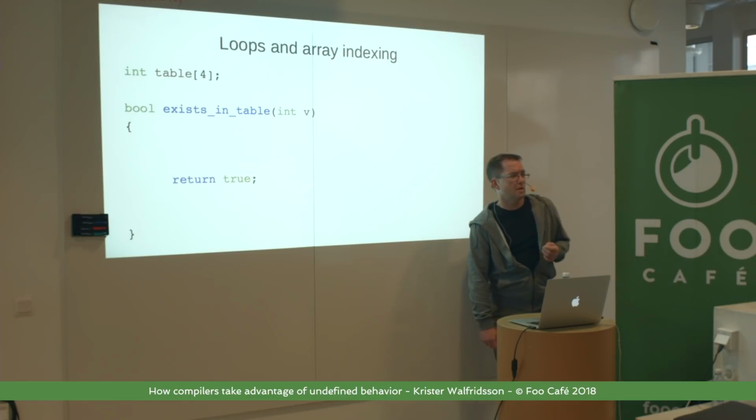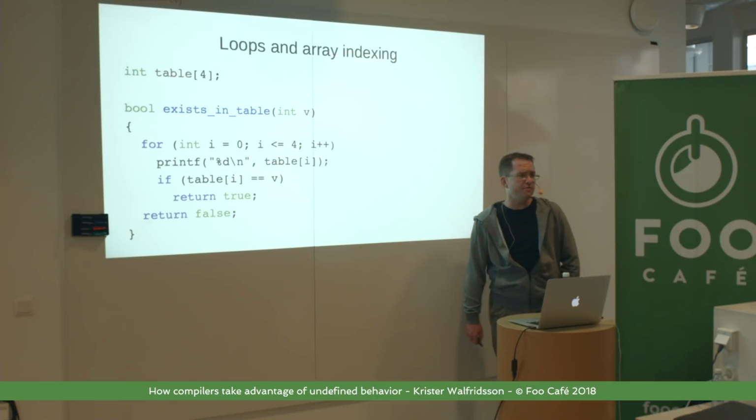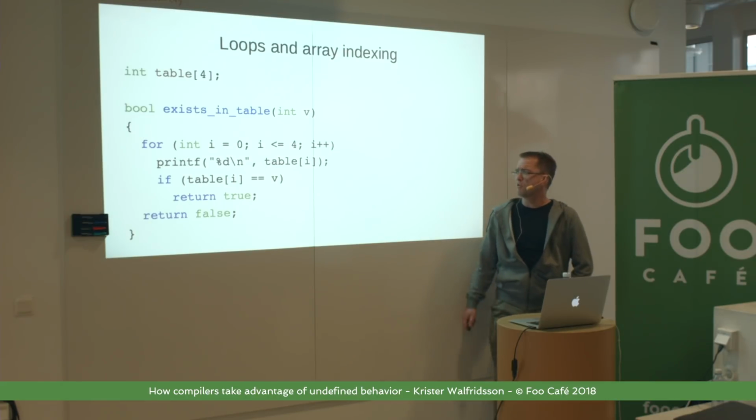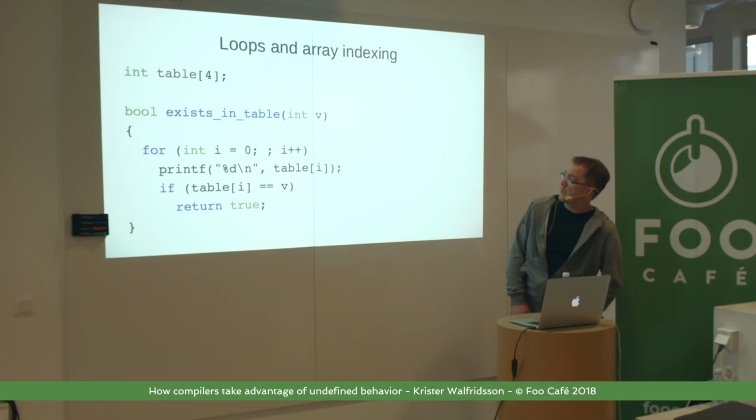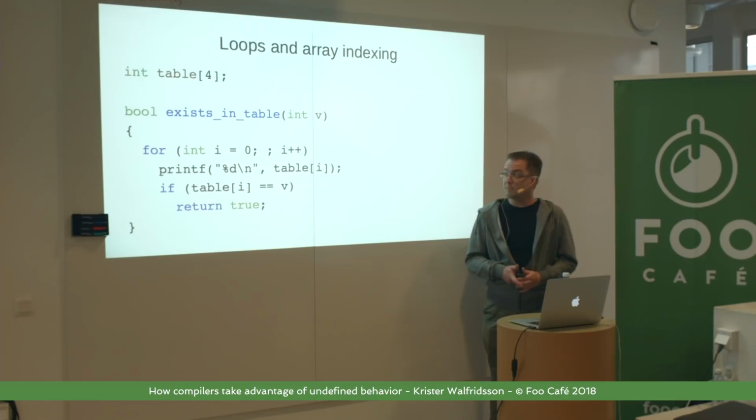One confusion about undefined behavior is also that if you change something a little bit, it can be completely different. So if you look at a slightly more complicated function here, we print the value each iteration. The first step is the same.